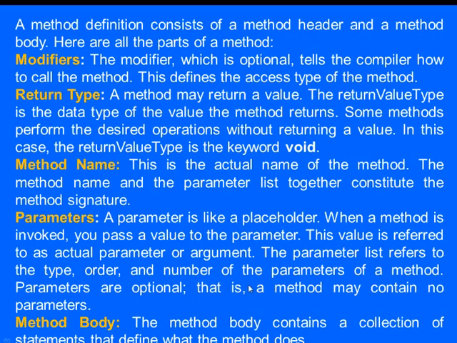Parameters are optional, that is, a method may contain no parameter. It depends upon for which purpose we are defining the method. We can pass some arguments or parameters to the methods, or we may skip them. Then we have the method body. The method body contains a collection of statements that define what the method actually does.